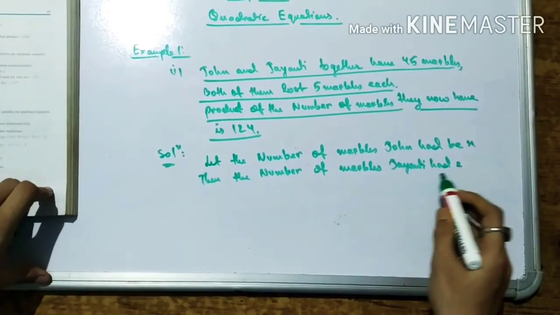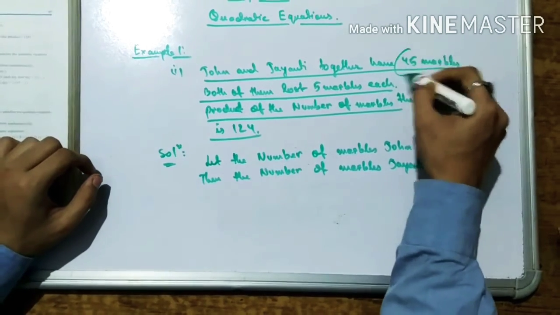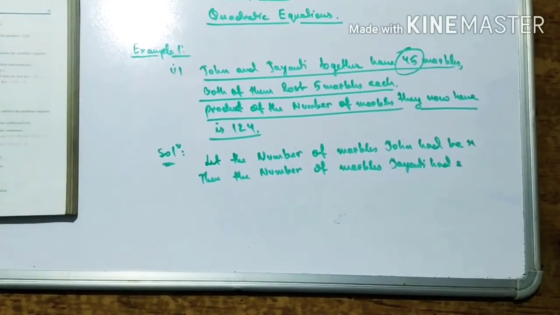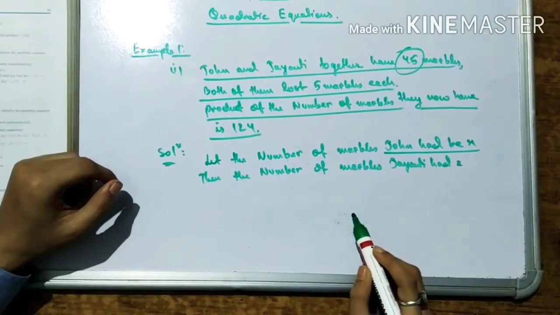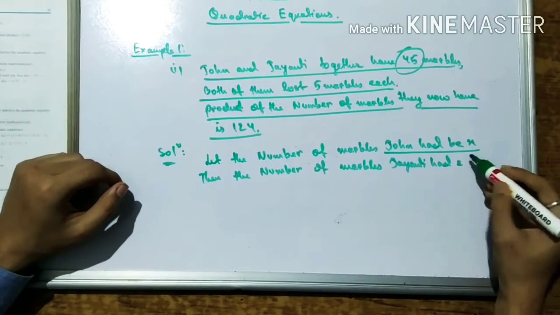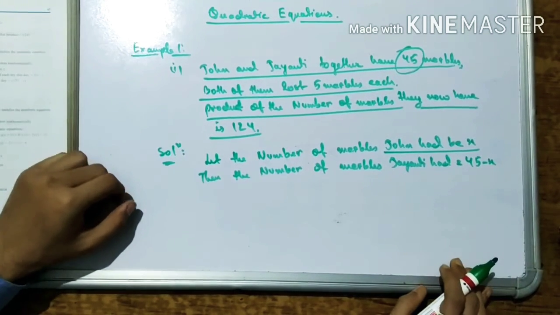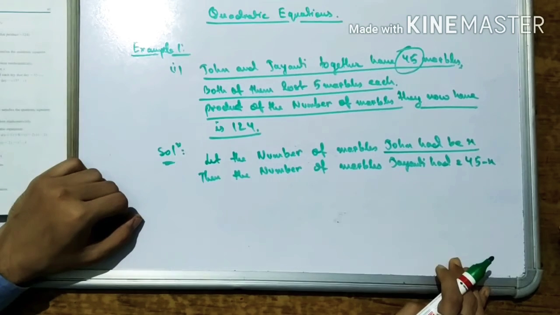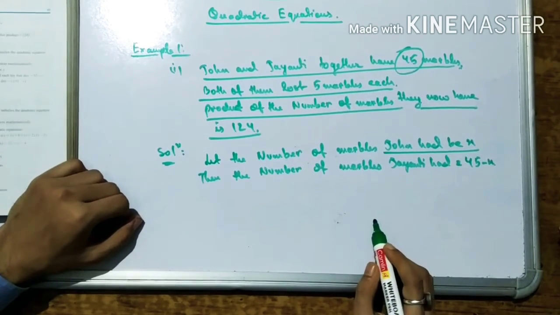Both of them together have 45 marbles. If I take that the number of marbles John had is x, then the number of marbles Jayanti had will be 45 minus x. Now what happened? Both of them lost 5 marbles each.